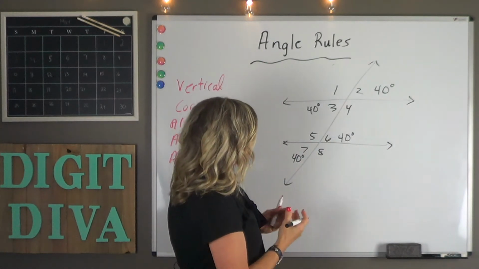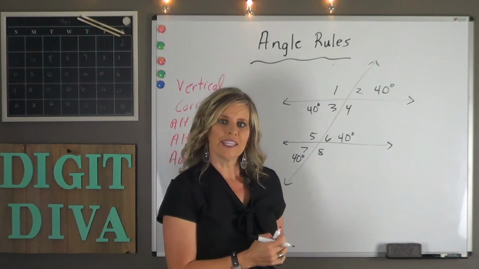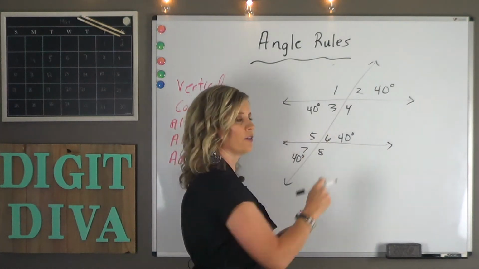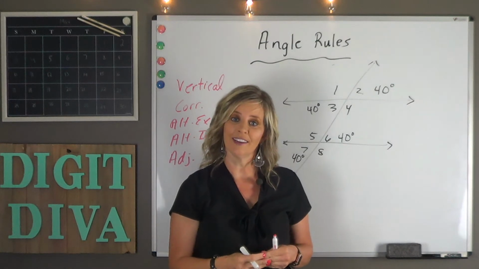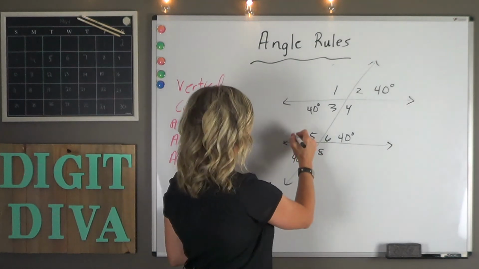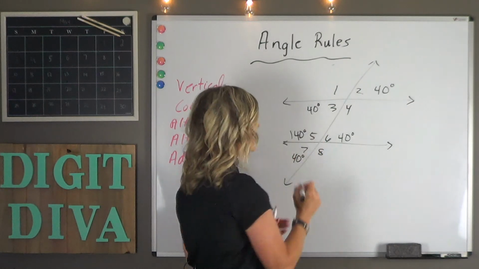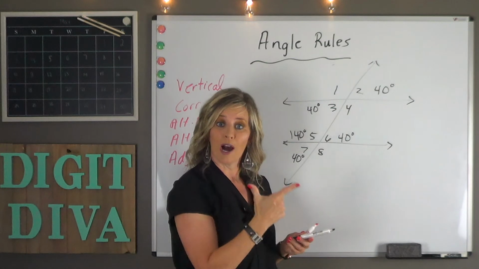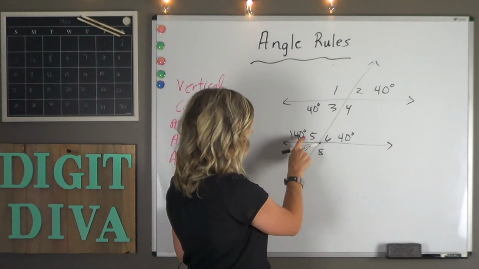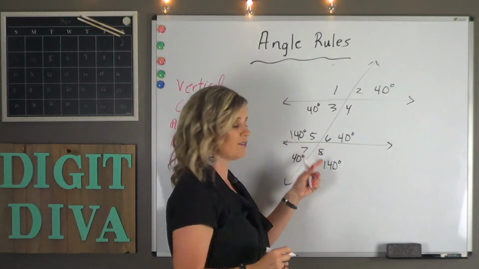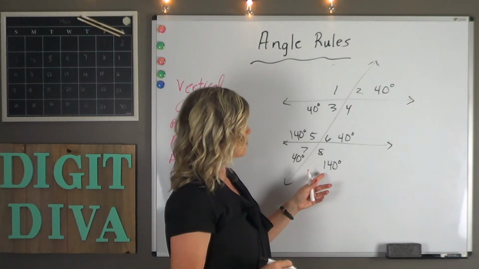Okay, so what else could I do to find the other remaining angles? Well, angles that are beside of one another have to add up to 180. So 180 minus 40 is 140. Okay. Does 5 look like an obtuse angle? It certainly does. It's wider than an L. So now across from 5 is angle 8, and it would be 140.